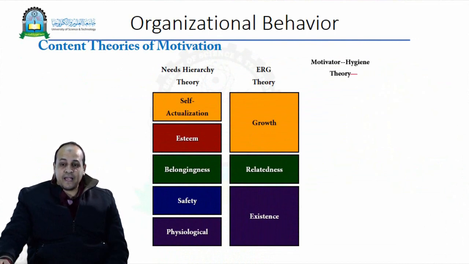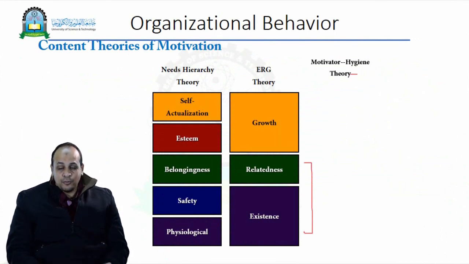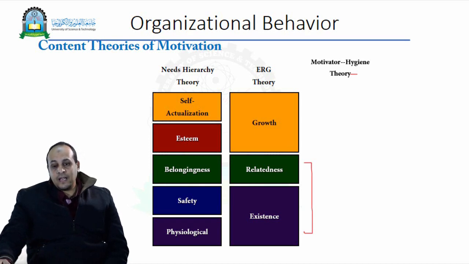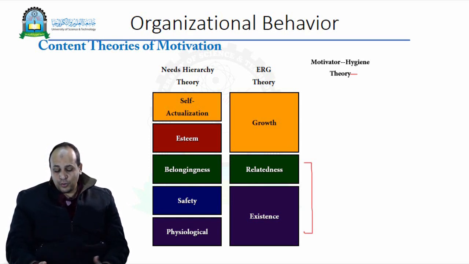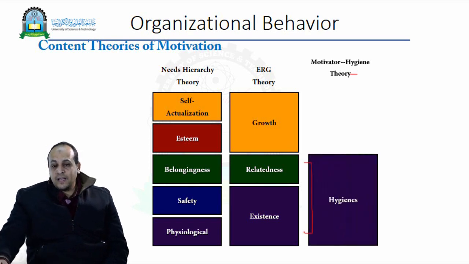Now the Hygiene theory believed that both Maslow's and the other theory are actually considering needs that should be taken for granted, which means that these motivators, according to this third theory, should be an existing reality in the company and not used as a motivating mechanism because of the reverse effect that may occur in the company. So he called all these points, belongingness, relatedness, safety, physiological and existence, hygiene factors, which should really exist by the time the employee gets the job.